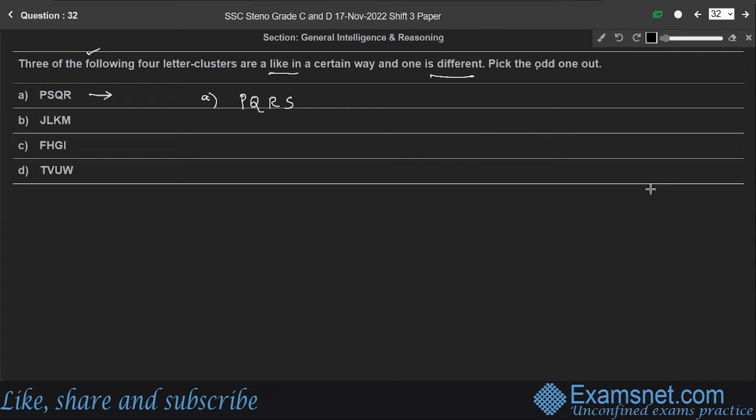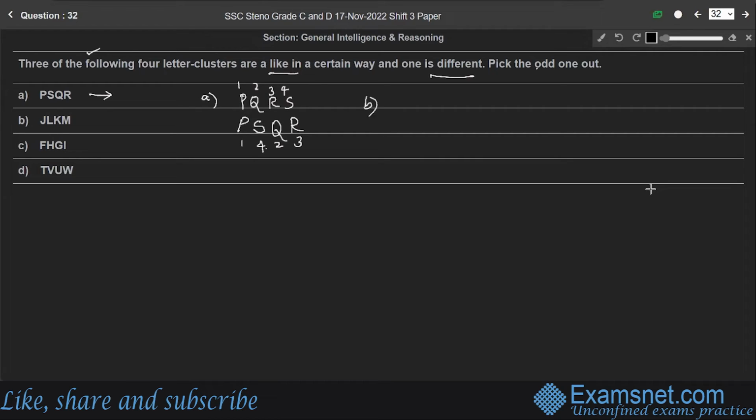These letters are written as P first, then the last letter S, then the second letter Q, then R. So for letters 1, 2, 3, 4, the first letter and the fourth letter come first, then the second and the third.